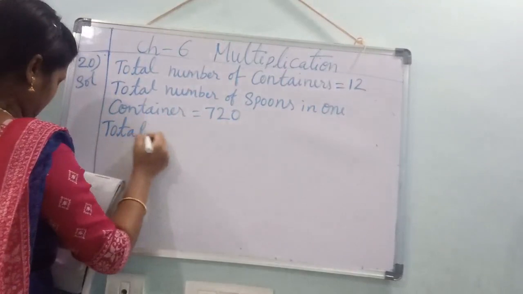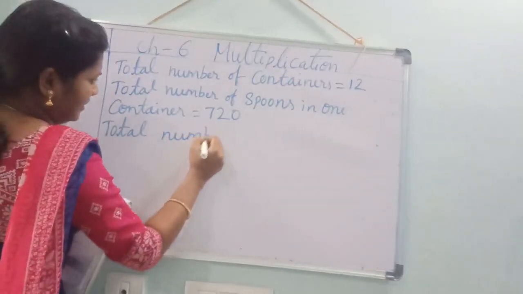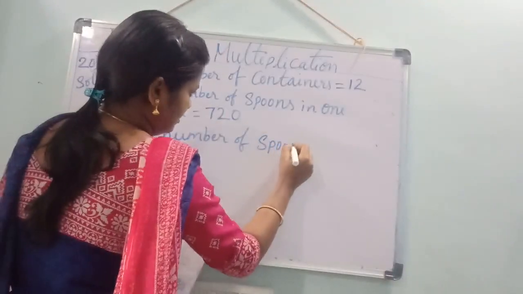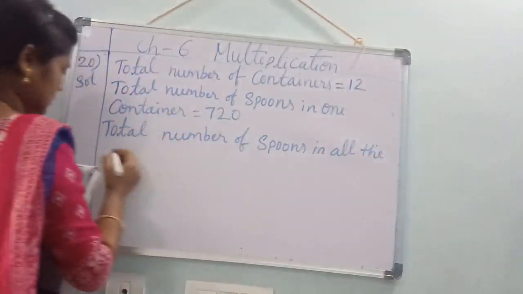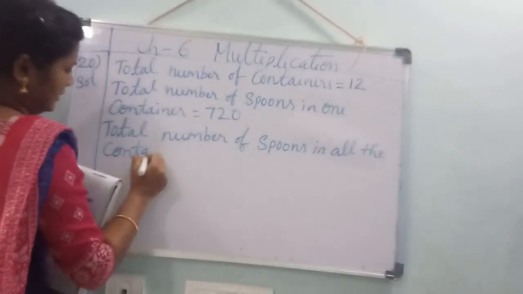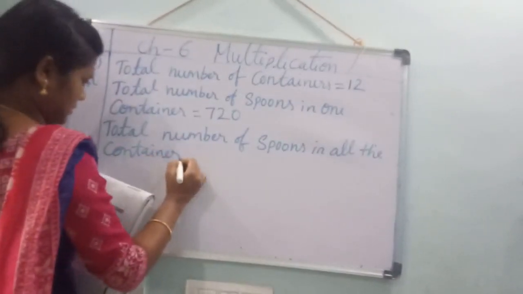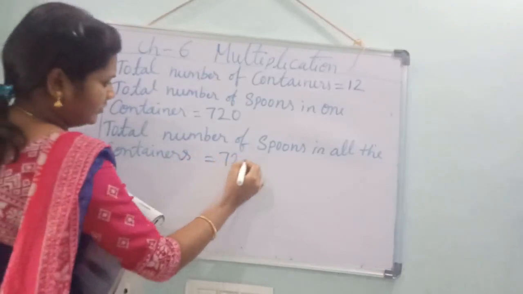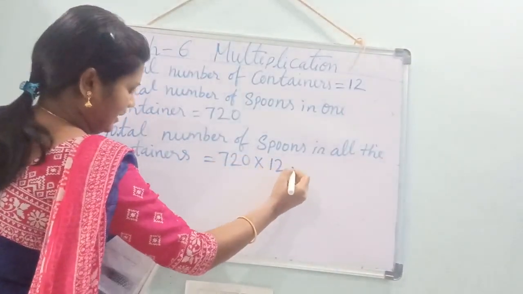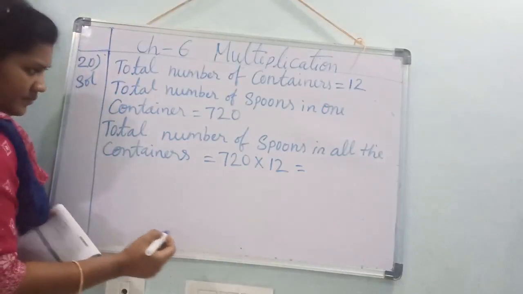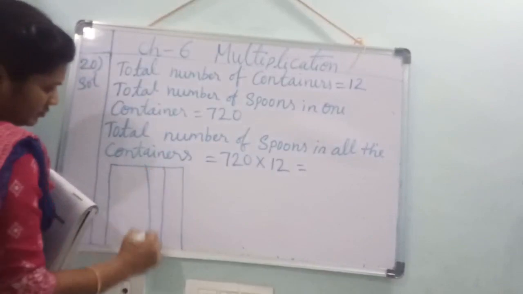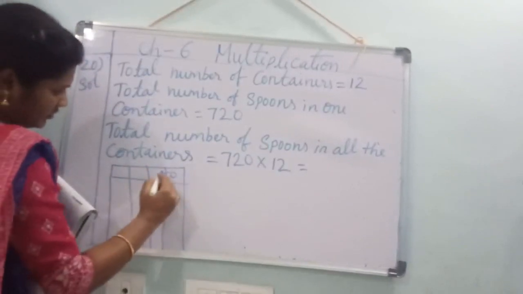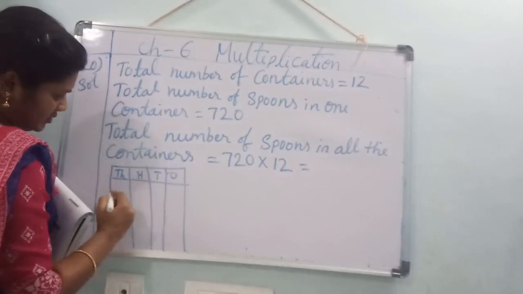Total number of spoons in all the containers is equal to 720 into 12. See, what will the answer be? Ones, tens, hundreds, thousands.